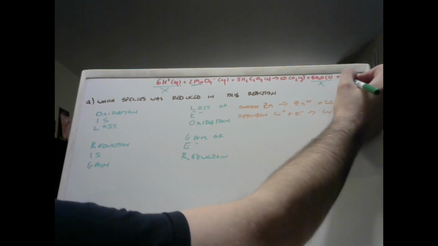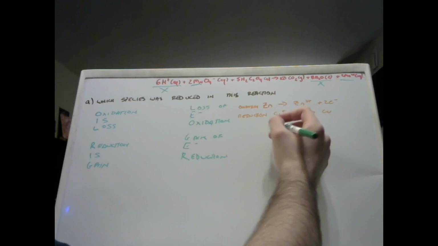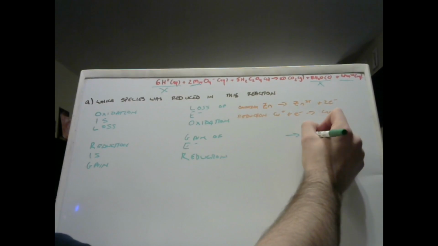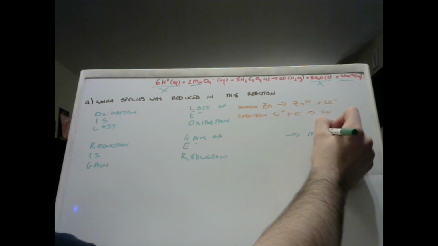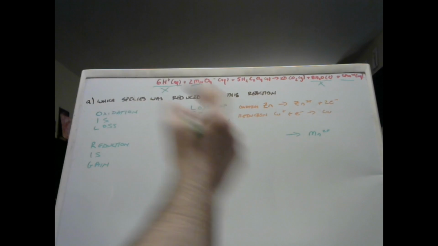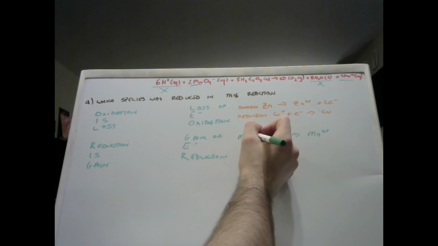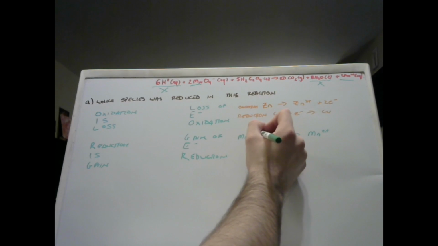It's here and here. So this goes from MnO4- to Mn2+. The question is, what's the original charge on the manganese? Well, what we have here is manganese and 4 oxygens.